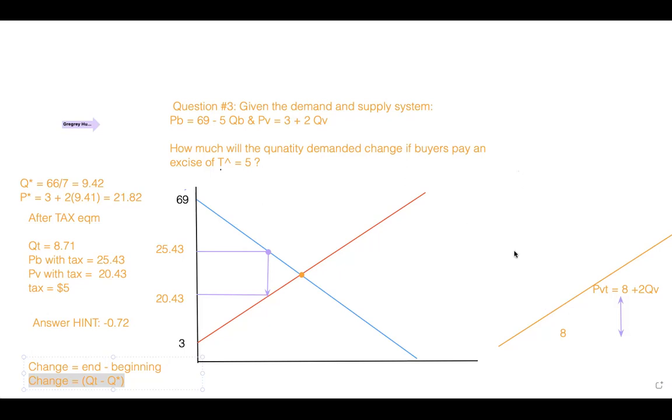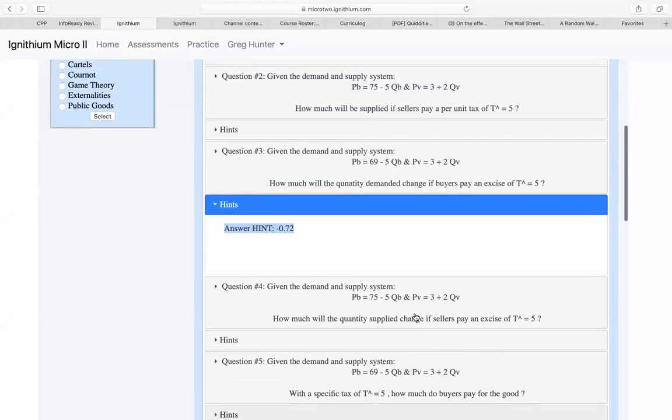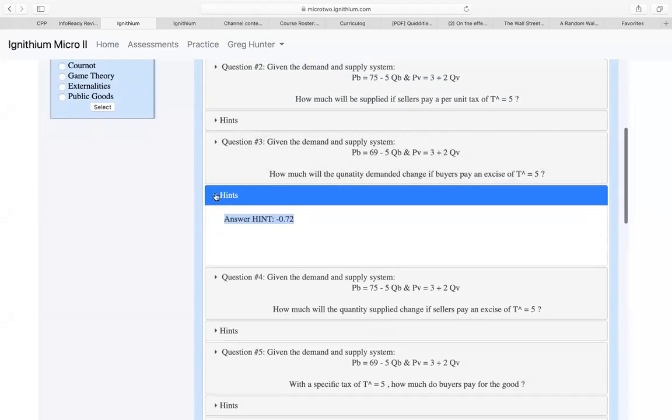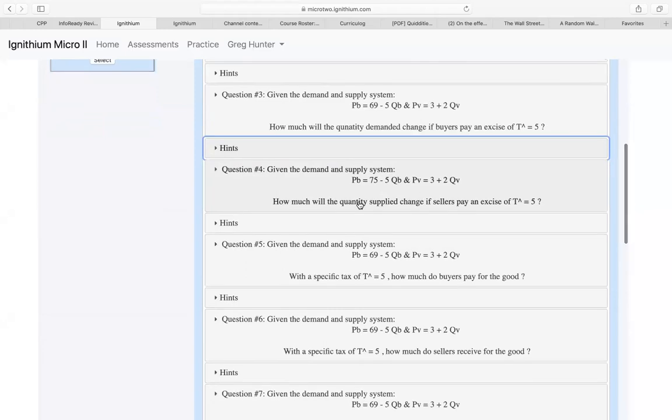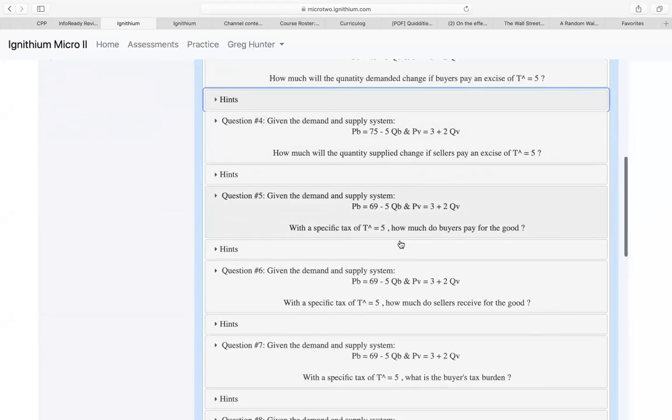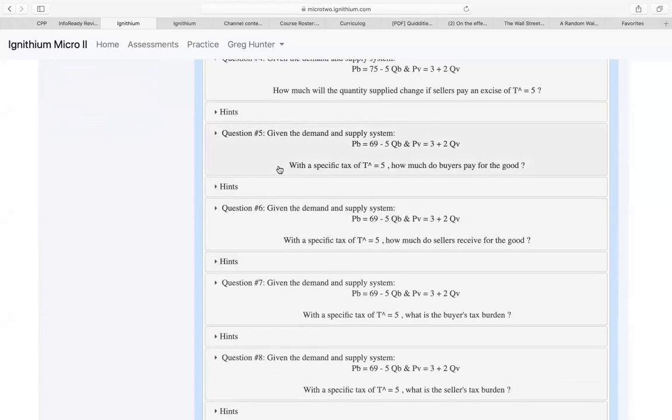Now I just want to point out really quickly, I'm going to stop sharing this, and then I'm going to share the version of the problems I'm looking at today. So we just look at question 3, and question 4 is a related question, but notice that the equations are changed slightly. The remaining questions here are 5, 6, 7, and 8.